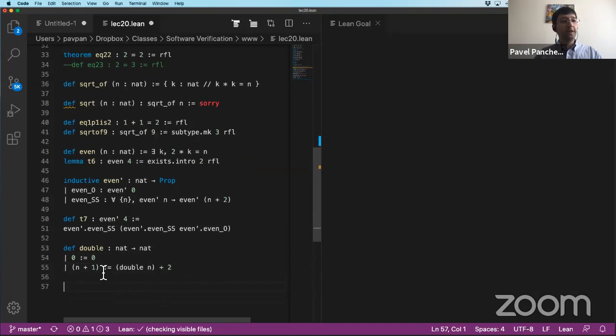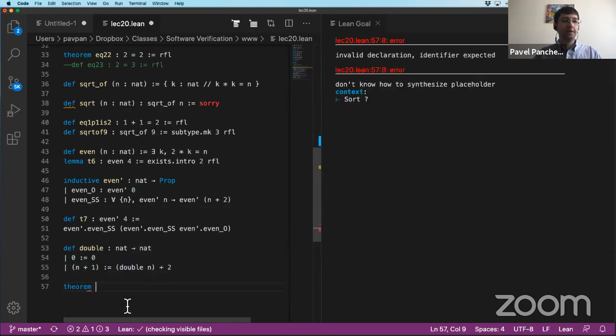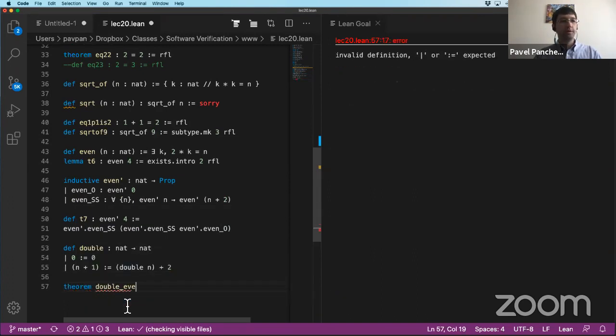And you can see that in this case, the recursion in double has the same shape as the recursion in even. There's a case for 0 and a case that adds 2. And so it'll be particularly easy to prove that double returns even numbers.